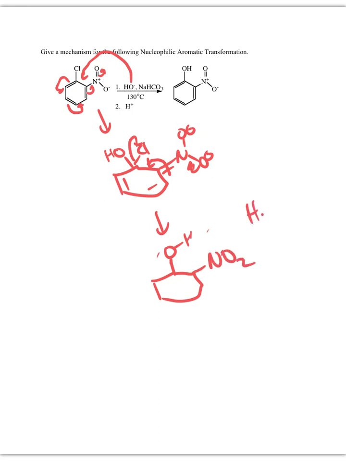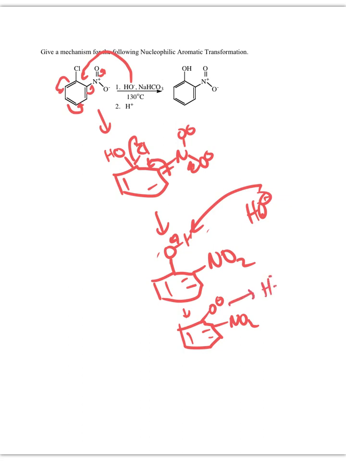And then our hydroxide takes off the hydrogen to get the phenoxide. And then we protonate it with acid. And we get the product.